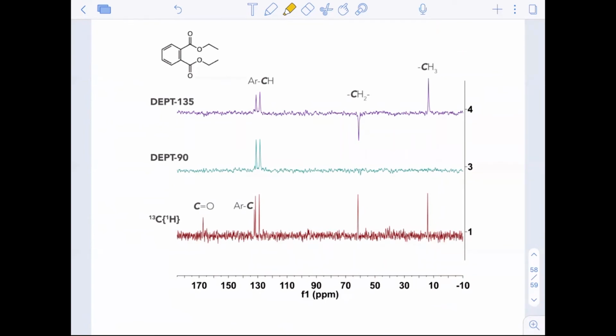So we have diethyl phthalate up here. I chose this one just because of the symmetry, honestly, and its real-life application with the phthalates. Diethyl phthalate here, let's just identify a couple of signals, right? A, B, C, D, E, F on the top is the same as that on the bottom.